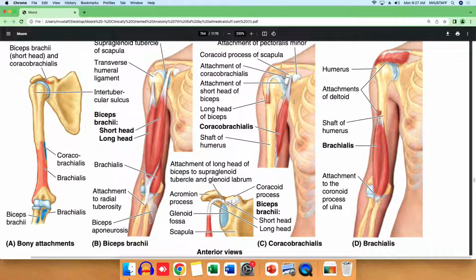As we continue, the next two muscles of the anterior compartment I'm talking about are known as the brachialis and coracobrachialis, as I said. What is the difference? Well, the brachialis, from the name, is clearly associated with the brachial region, so with the arm.